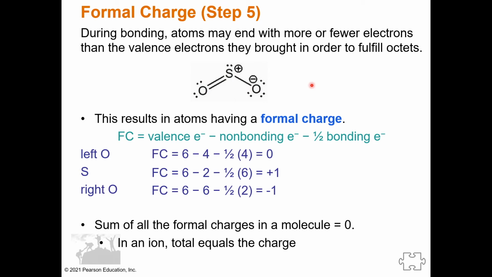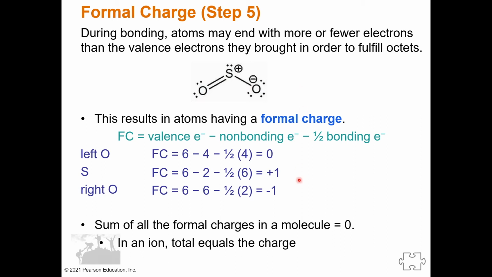Now we know that SO2 is a neutral molecule. So here in this example, when we add up all of our formal charges, it adds up to 0. We already know that we used up all the valence electrons. Each atom has a complete octet, so this Lewis structure can work for SO2.